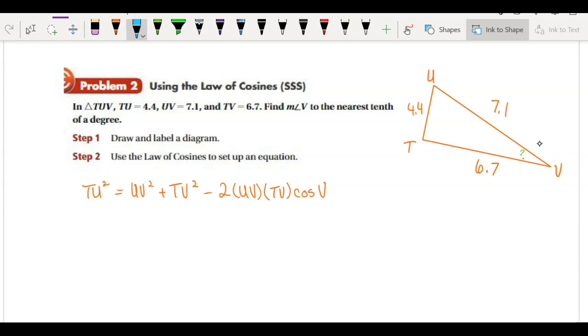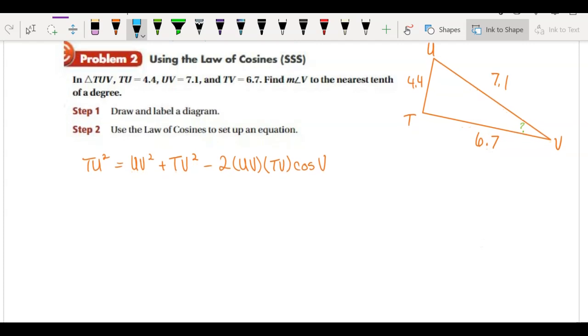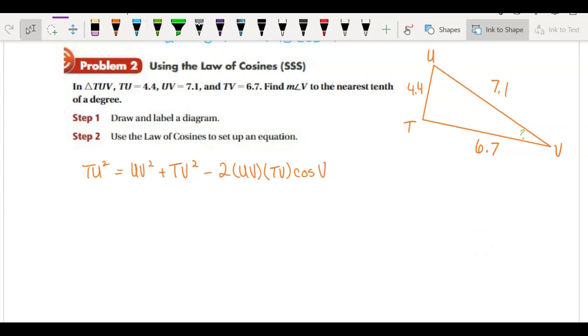So I'll write down my general equation here. A squared is equal to B squared plus C squared minus 2AC times the cosine of angle A. So that's what we modeled this after. So now we're going to plug in.